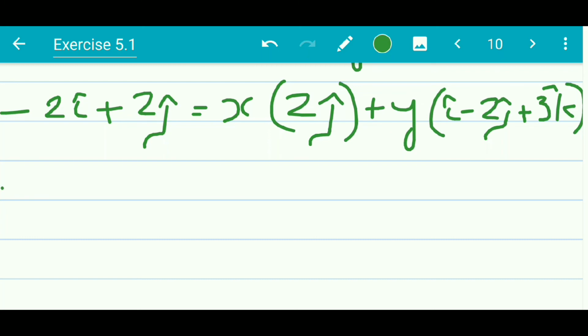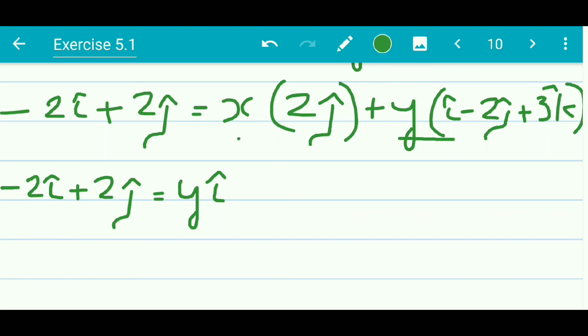So the LHS is as it is, minus 2i plus 2j, is equal to, on the RHS, the i containing terms taken together. Only one term contains i over here. If you open the bracket, it is actually yi. So we write yi, plus, for the terms which contain j, this particular term contains j and also this term contains j.